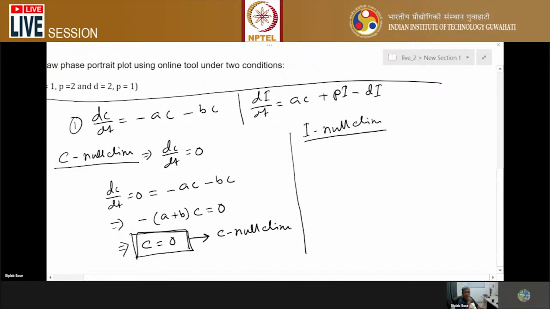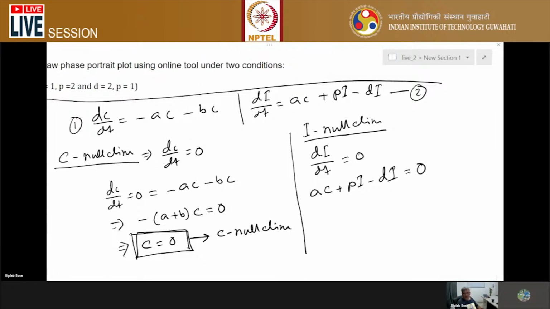Okay. So just like the C null-line where dC/dt equal to 0, for the I null-line dI/dt will be 0. So let me make dI/dt equal to 0. Then the second equation I can put equal to 0, right? So I will write AC plus PI minus DI equal to 0. Fine. So now separate out I and C. These are two different variables.